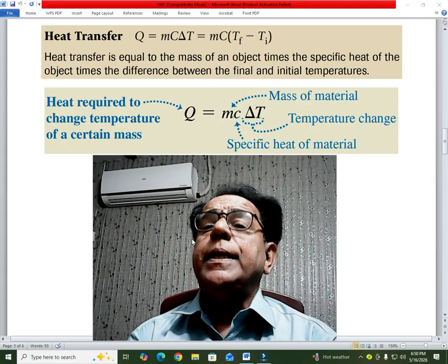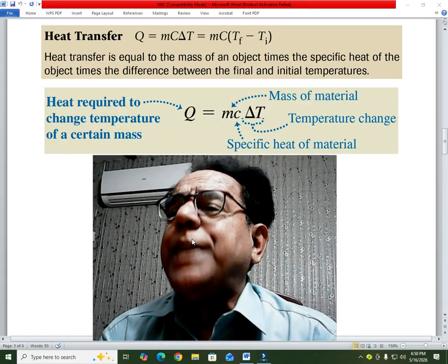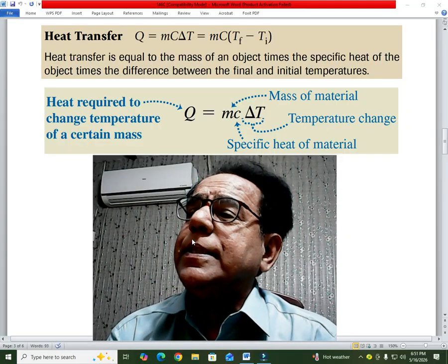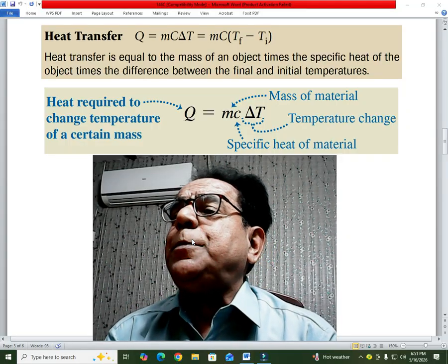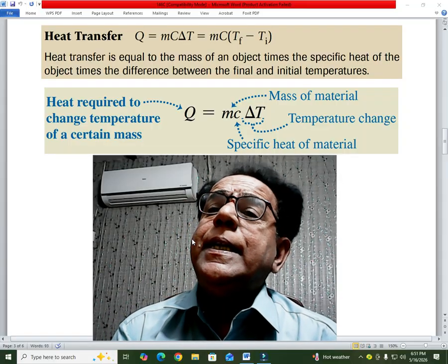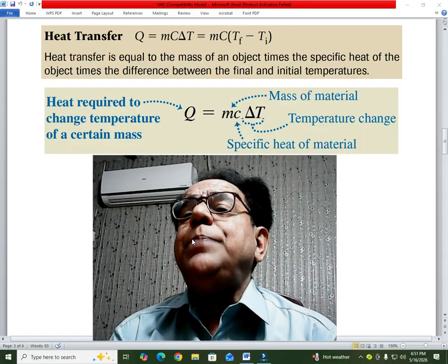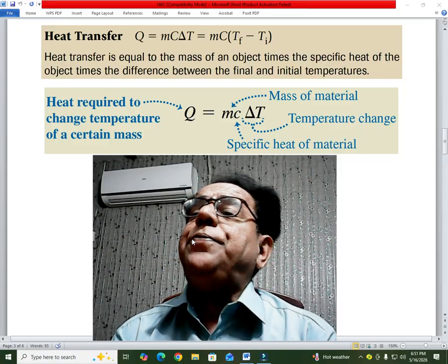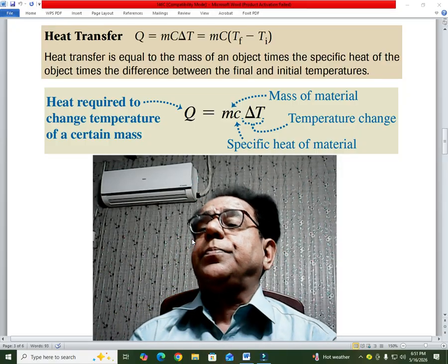Heat transfer is equal to the mass of an object times, means multiplication, times the specific heat of the object, times the difference between the final and initial temperatures.